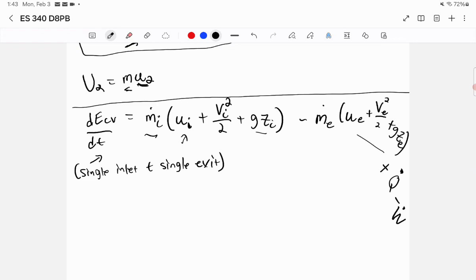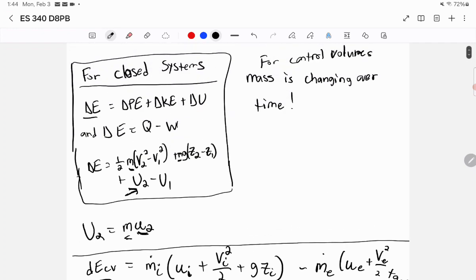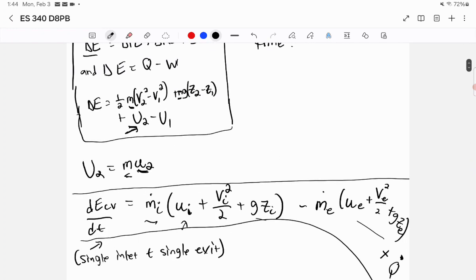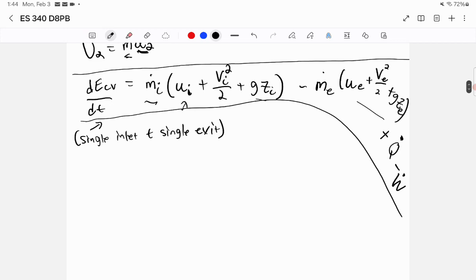This is going to be the way we write the total change in energy, and again, it's related to our problems that we had here. So I have some heat flow rate, I have some work flow rate, and that's going to give me my total change in energy across the control volume.